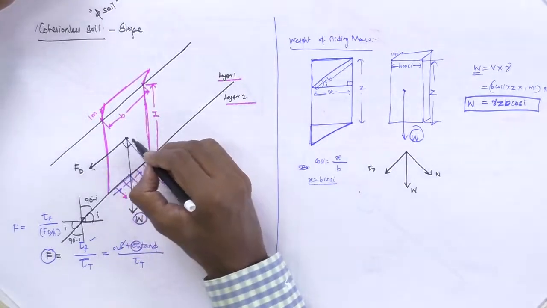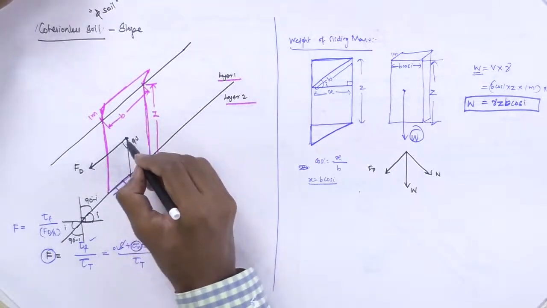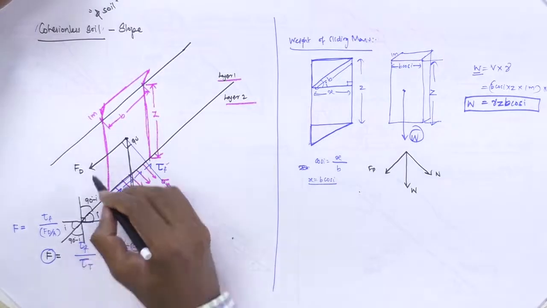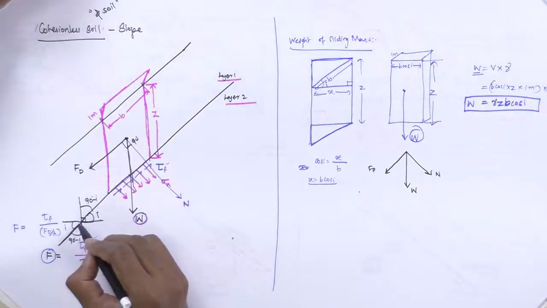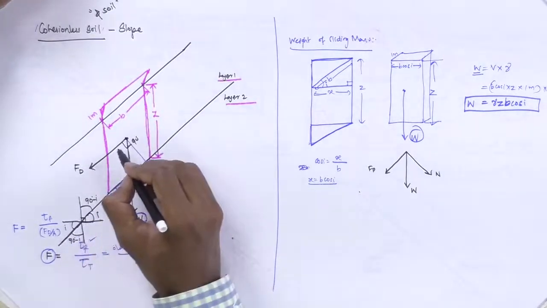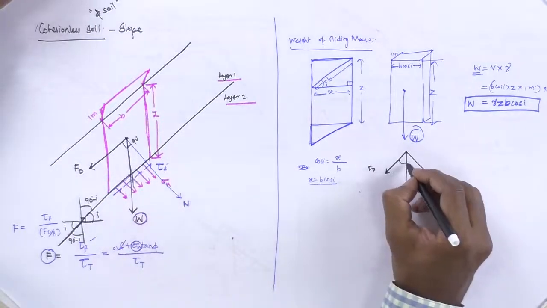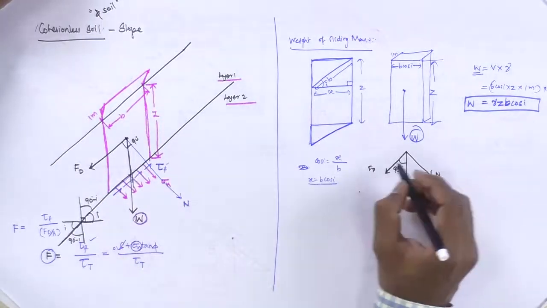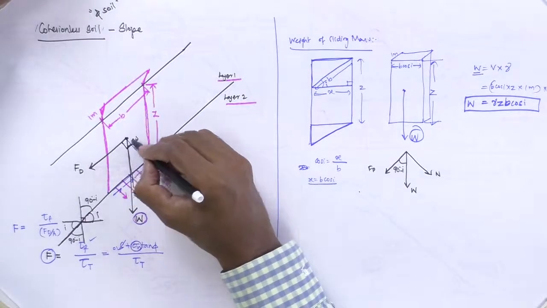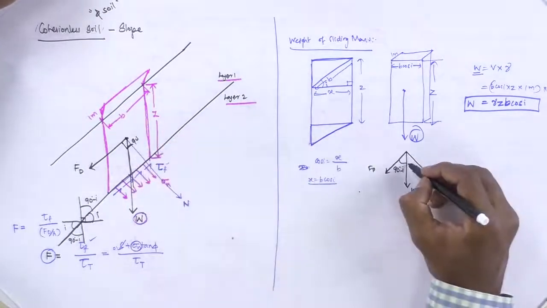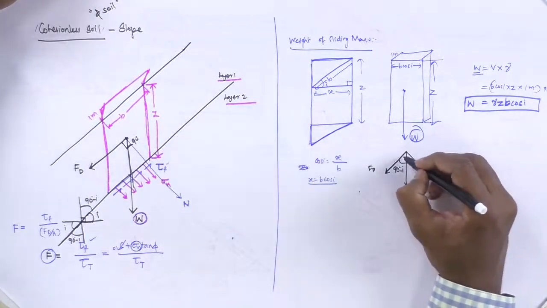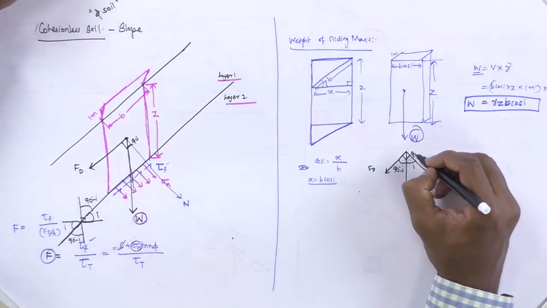This is a vertical line, and this line is going to be parallel to this one, so this is 90 minus i, and this is also 90 minus i. If this is 90 degrees, this is going to be i.